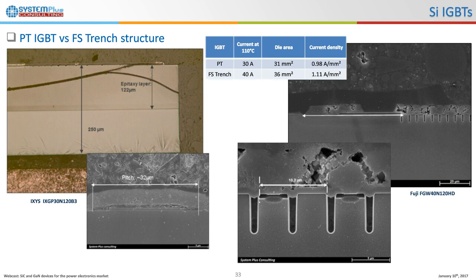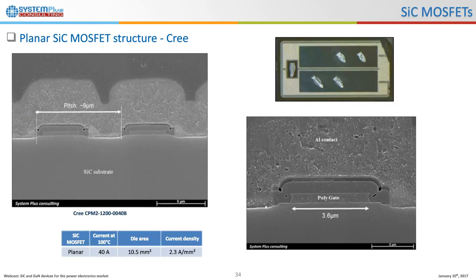If we look at the technologies available on the market for silicon carbide MOSFETs, I decided to show you two main technologies. So the technology from Cree. Cree presents a planar silicon carbide structure over a silicon carbide substrate and silicon carbide epitaxy.